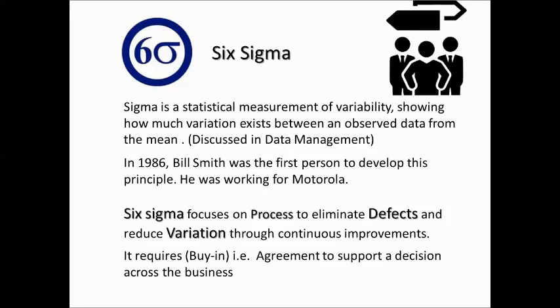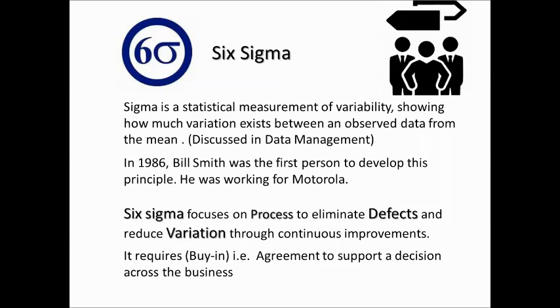In 1986, Bill Smith was the first person to develop this principle. He was working at Motorola, and he stated that if we apply Six Sigma by defining the defects in the process and eliminating them or minimizing the variation in the process, we will reach a high level of performance, which is equal to Six Sigma.